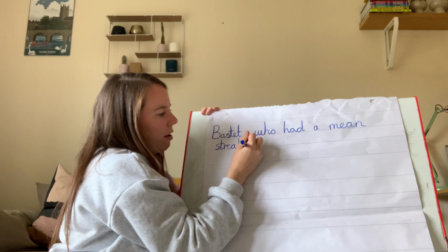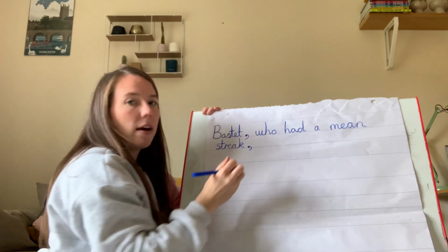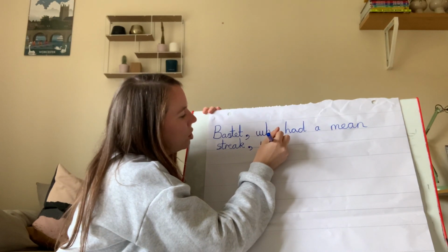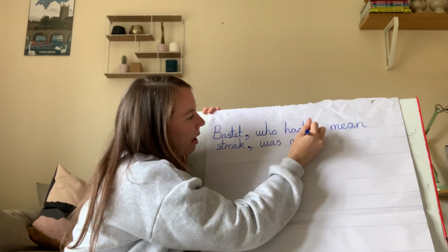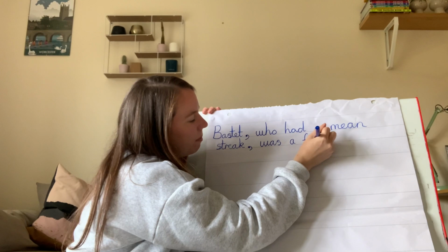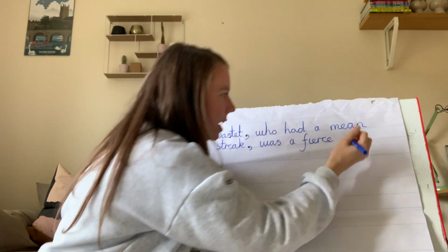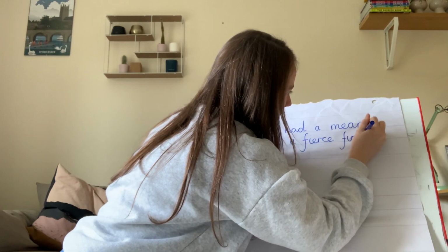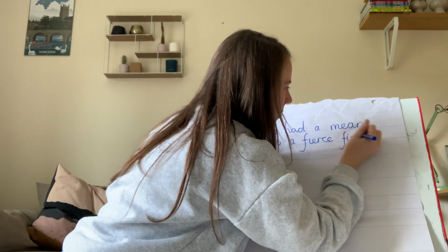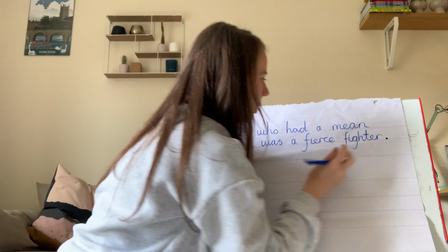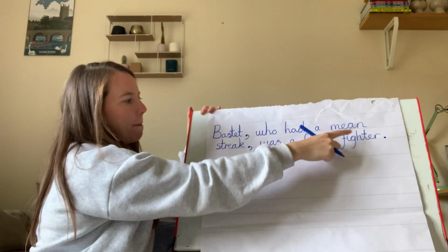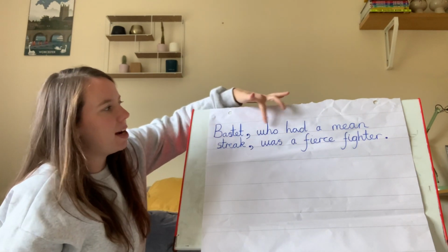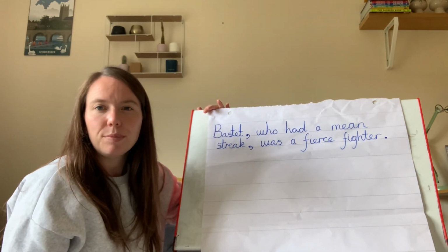I'm going to finish my relative clause with a comma and then carry on with my main clause: was a fierce fighter. Full stop. Bastet, who had a mean streak, was a fierce fighter. So there's my sentence with my relative clause in the middle.